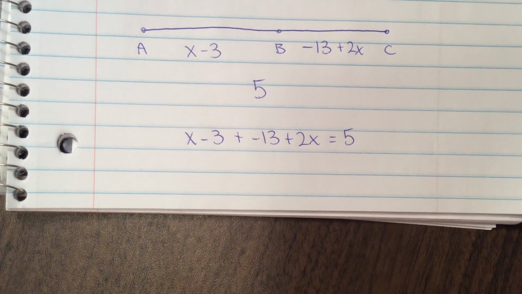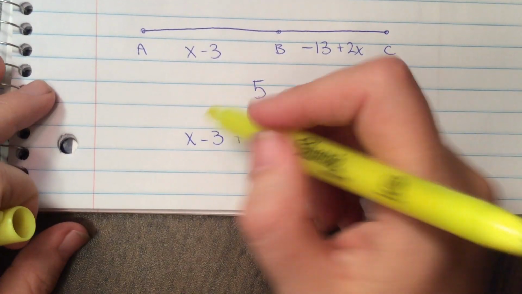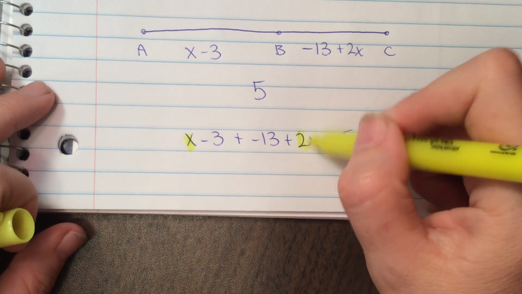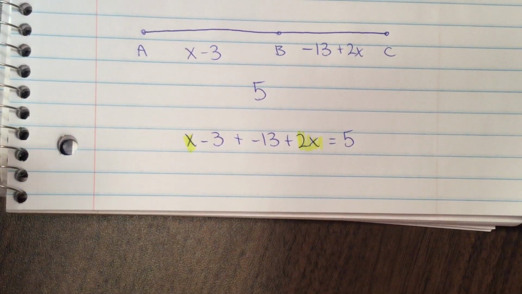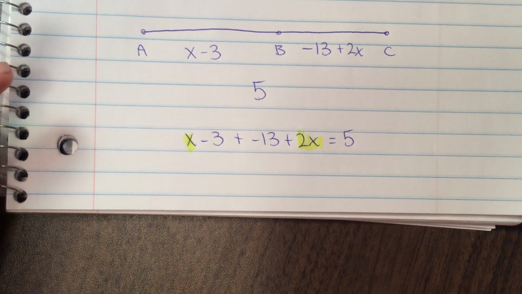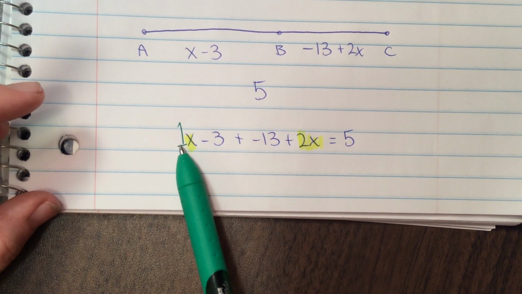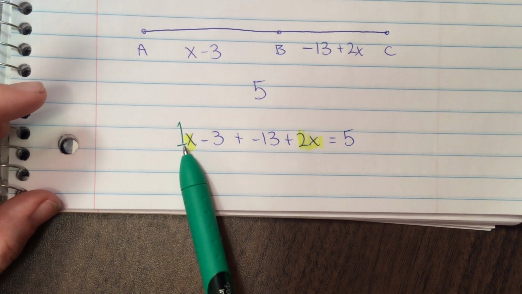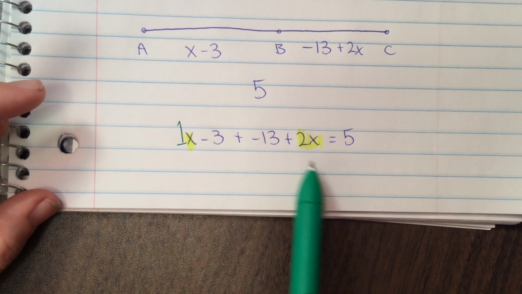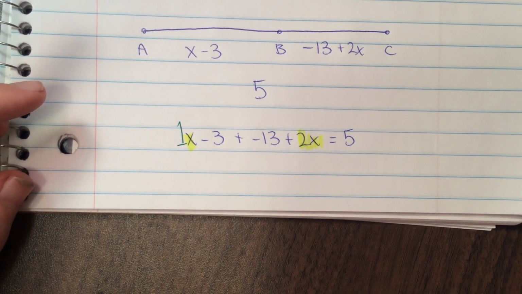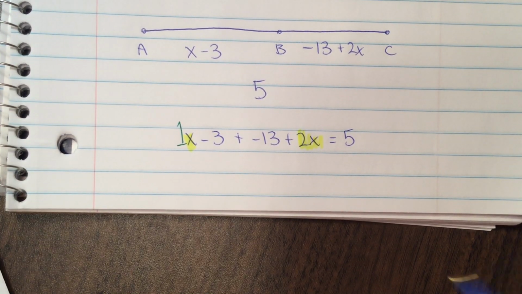All right, let's highlight our variables so we know to put those together. I'm going to put a 1 in front of the x so that I don't forget that there's a number there. So I got 1 plus 2, which is going to be 3.